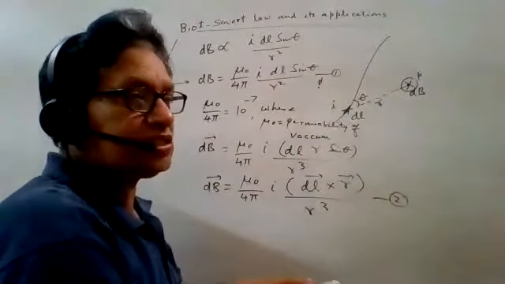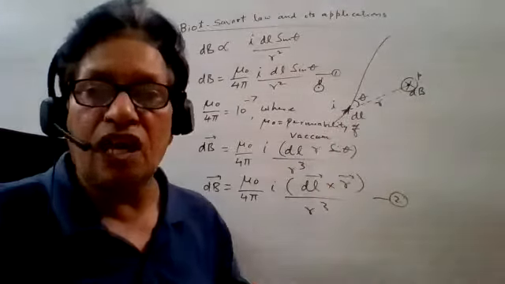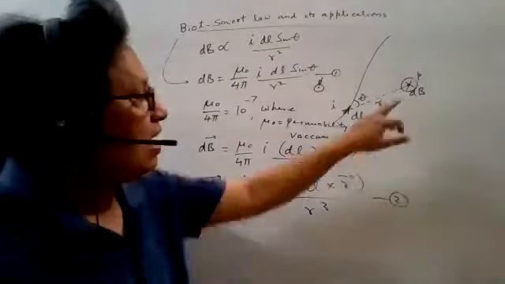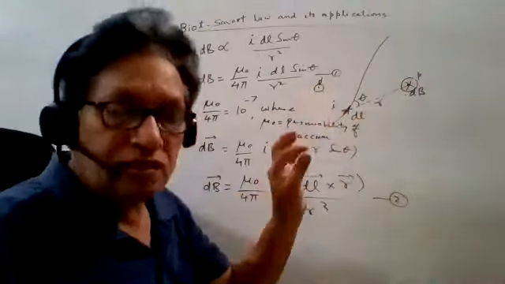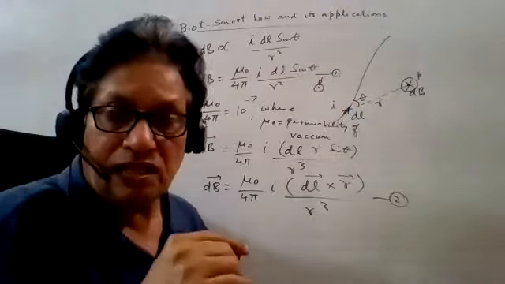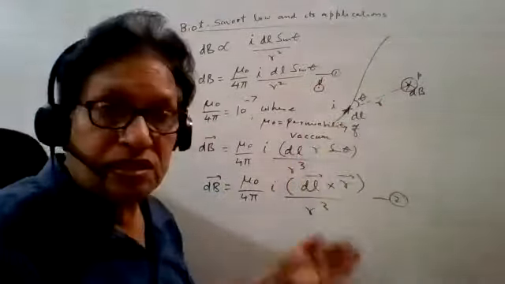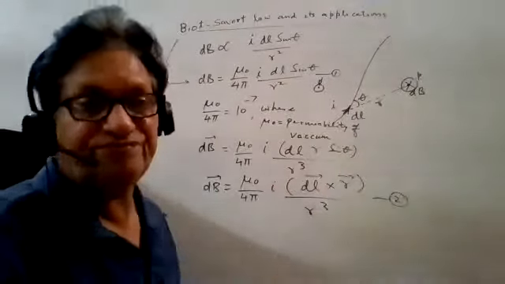So cross is inward, and dot in a circle is outward. The circle with a cross or a dot shows that something is there inside this circle. Cross means going into the board and dot means coming out of the board.